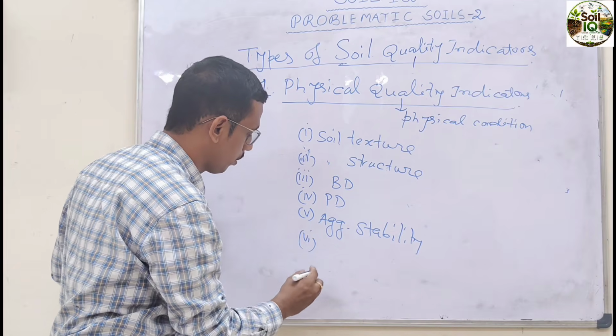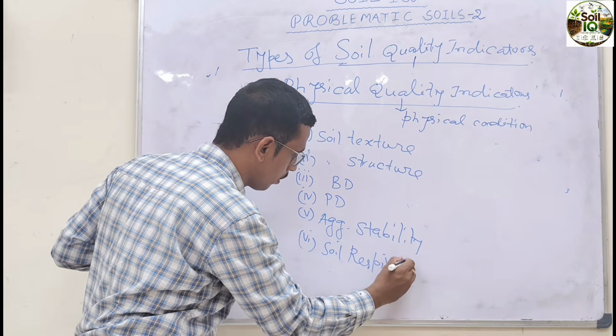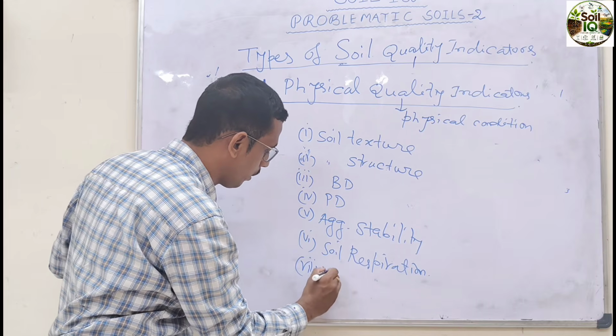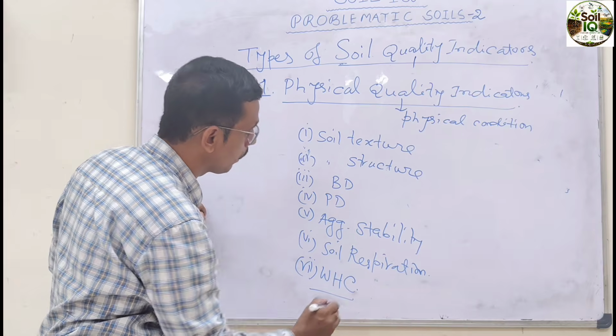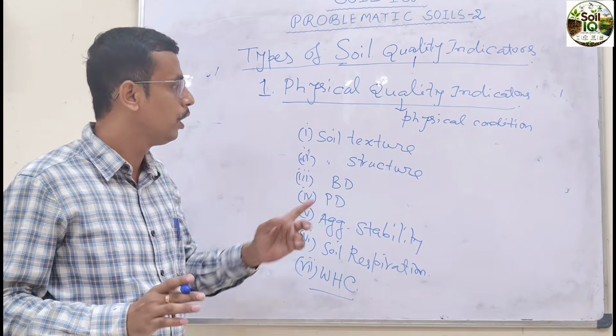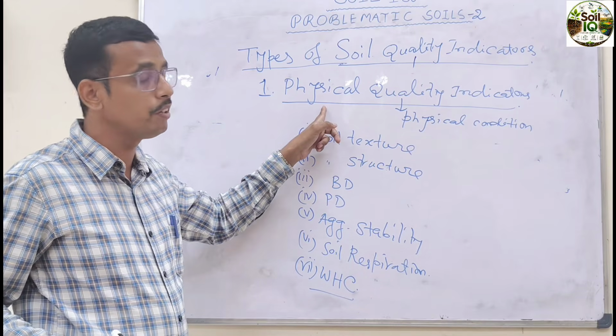Number six, soil respiration. Then water holding capacity. There are numerous physical properties which indicate the physical condition of the soil. So these are physical quality indicators.